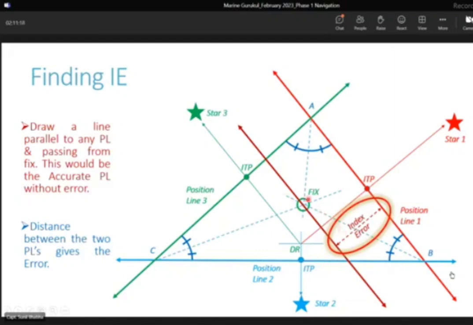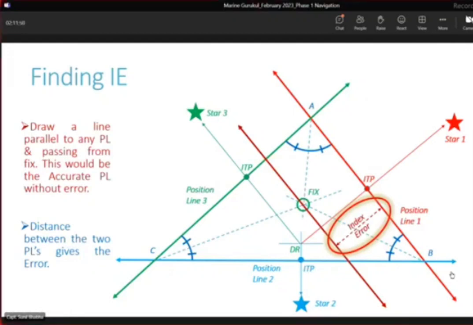Reason being, this point which we have found, that is our fix, as per geometry, this point is equidistant from all the three sides of the triangle. So whether you find out the distance to the red PL or the blue PL or the green PL, in all the cases, the index error will remain the same.